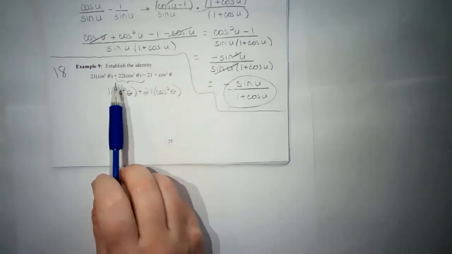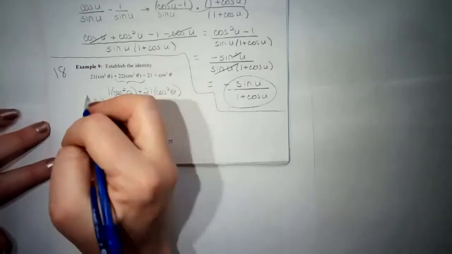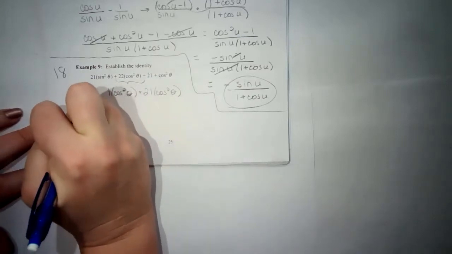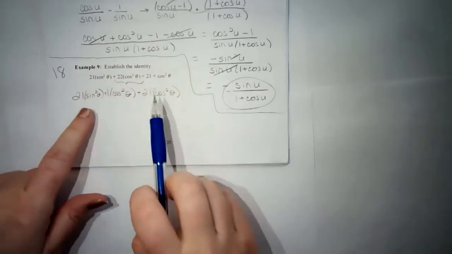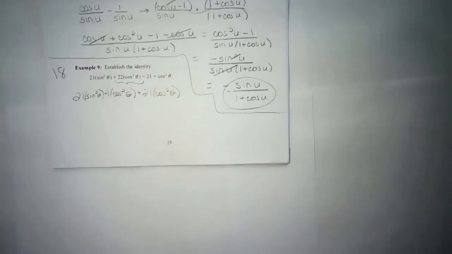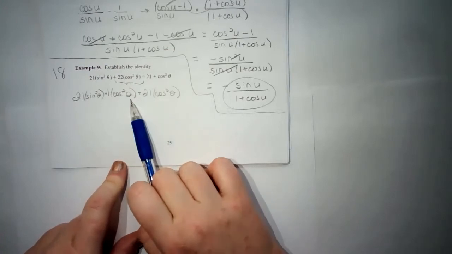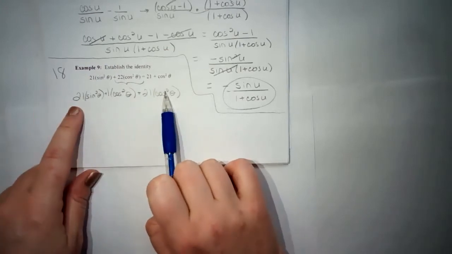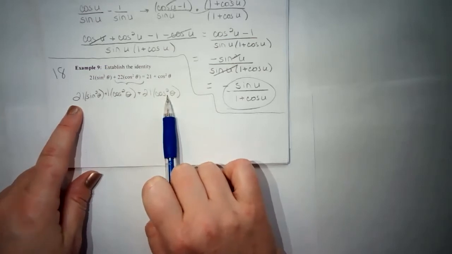We could add these back together and go right back where we were, but all we did was separate them, because that way I can combine these 2 and use Pythagorean. Does that make sense? Kind of what I did there? I just rearranged a little bit. I separated these so that now the sine squared and the cosine squared term have the same coefficient, okay?